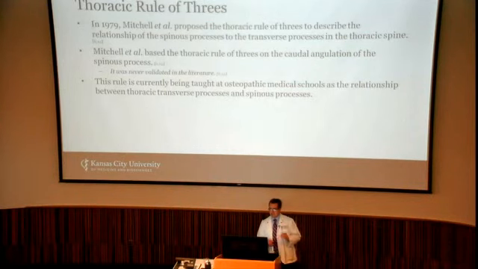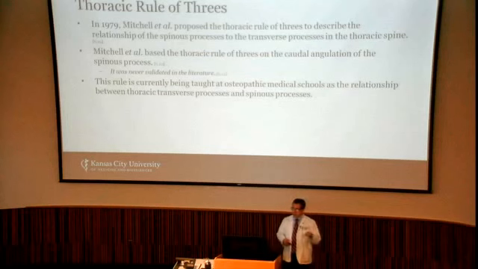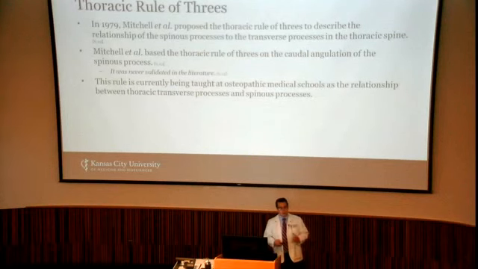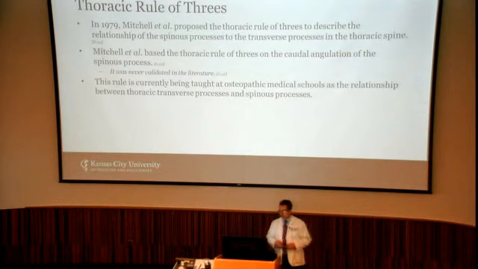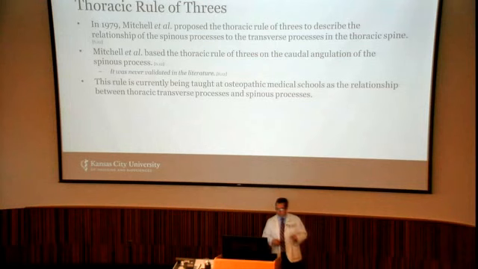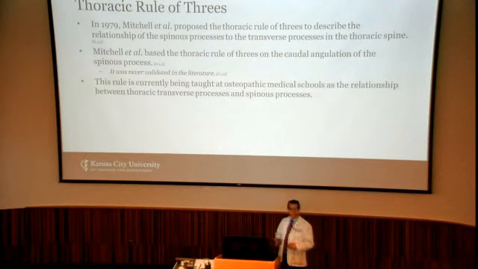Mitchell based the thoracic rule of threes on the caudal angulation of the spinous processes, and this was never actually validated by any other research that we could find in the literature. Why this is important is that this rule is currently being taught at osteopathic medical schools as the relationship between the thoracic transverse processes and spinous processes.